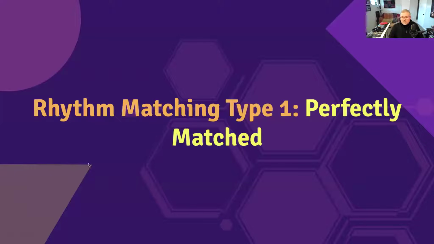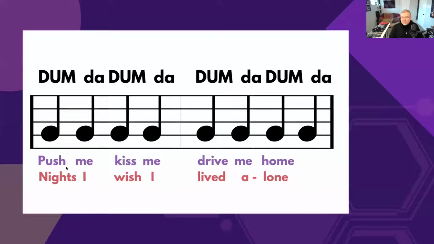So there are 2 types of rhythm matching. When we're talking about rhythm matching, we're talking about matching the line stress pattern. Both of these lines have a dum da dum da dum da dum: push me, kiss me, drive me home. Nights I wish I lived alone. Those are perfectly matched, because the rhythm is exactly the same.